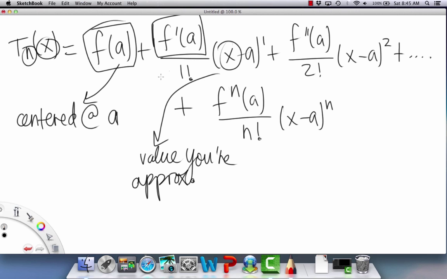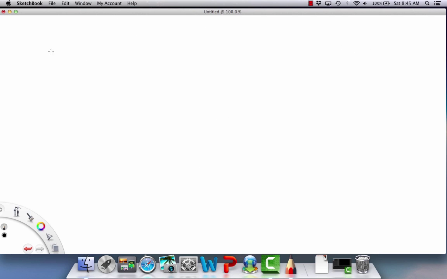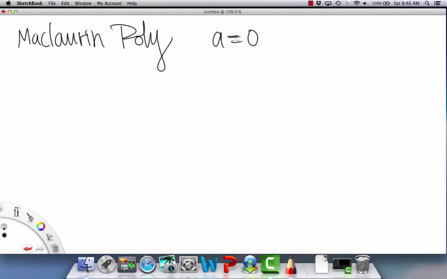Another thing I'd like to point out, on the next slide, we have something called a Maclaurin polynomial. A Maclaurin polynomial is basically just a specific case when your a is equal to 0. So it's centered at 0. And then this will look like, we'll have f of 0, because a is 0, right?